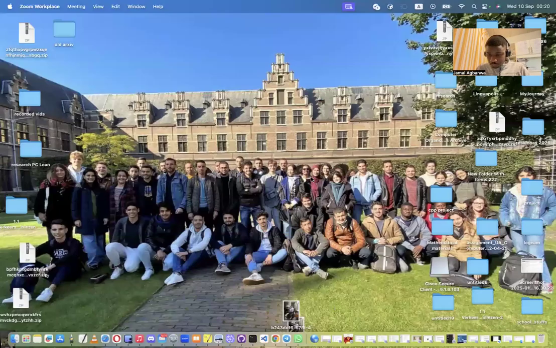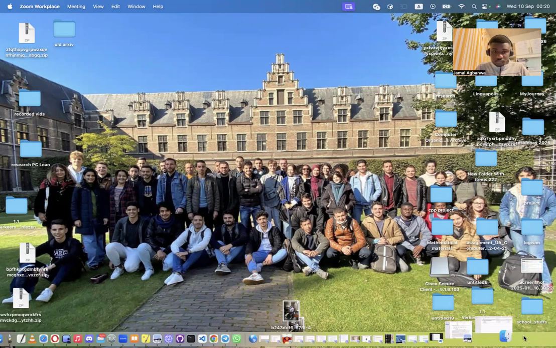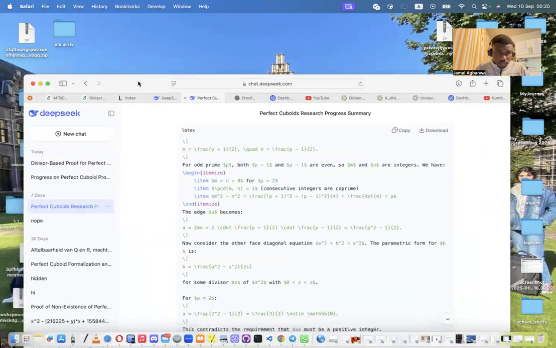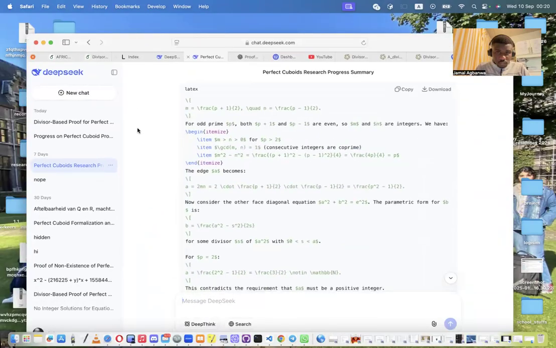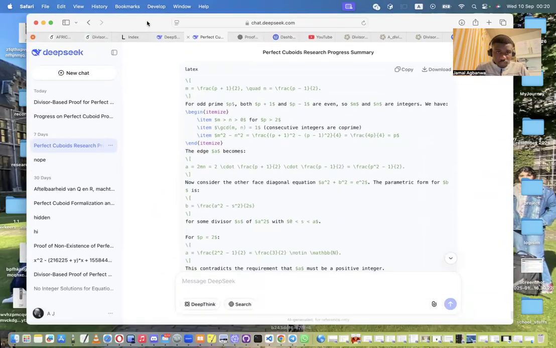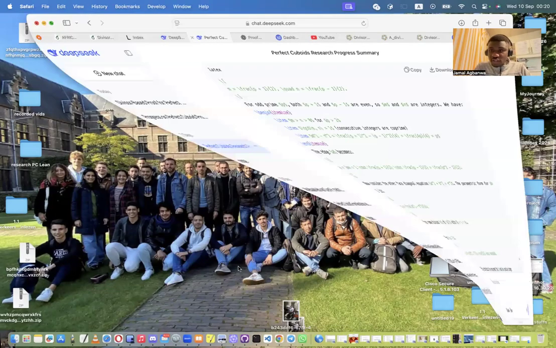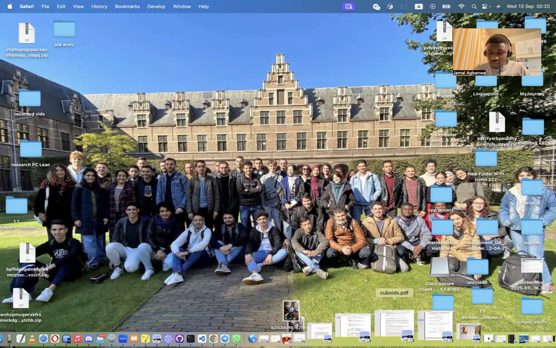In fact, it's even convenient to deal with VS Code.